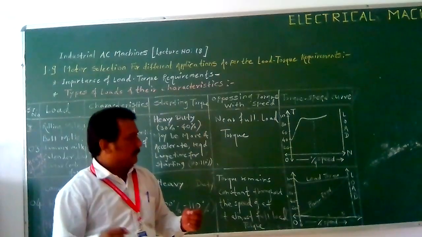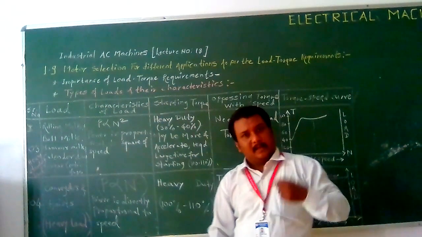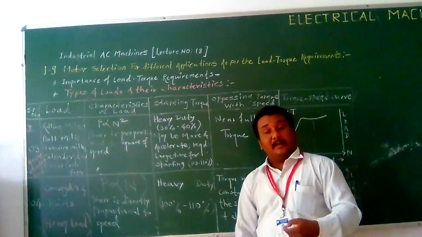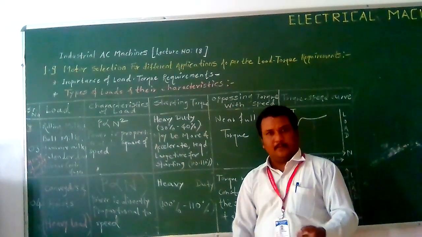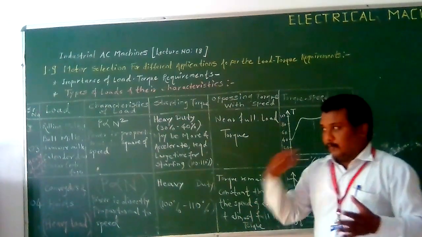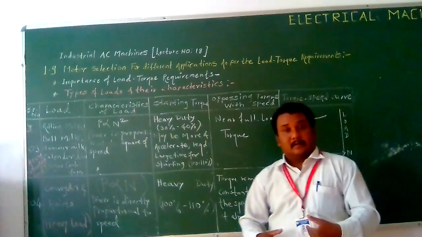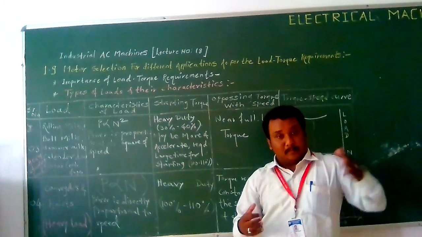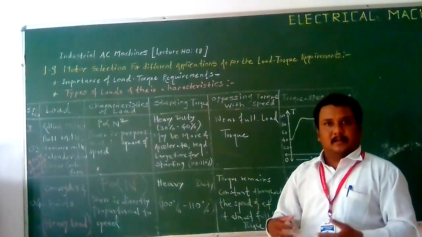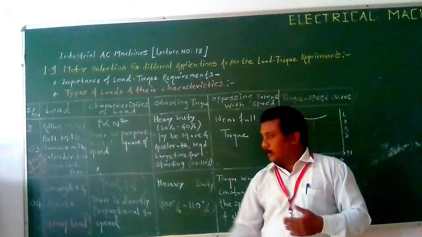Now the fourth one is heavy loads, which means its starting is heavy and running is also heavy load, so here a flywheel is compulsory. Without a flywheel this type of operation cannot be performed, and we know that the flywheel during the light load condition stores the excess energy from the motor, and during the overload condition the flywheel releases its energy to the load.